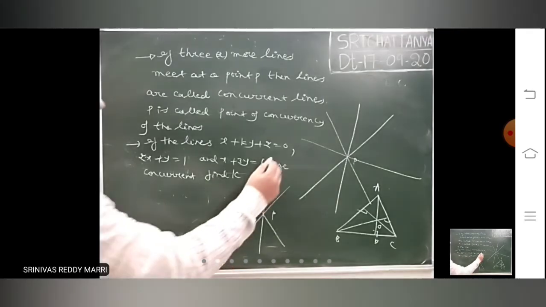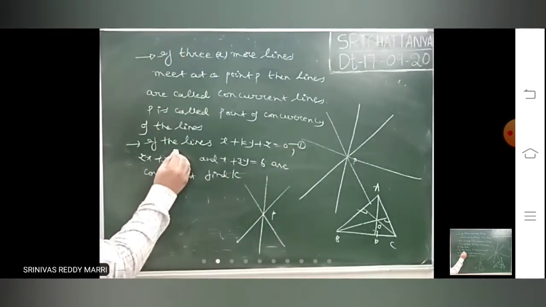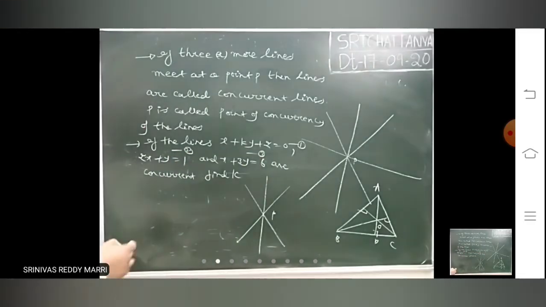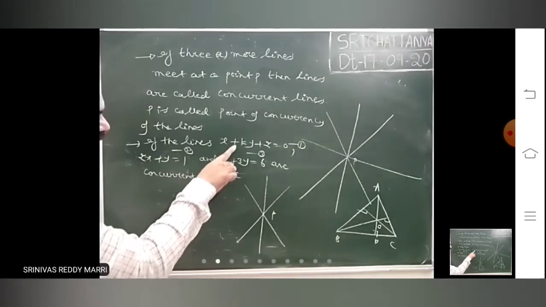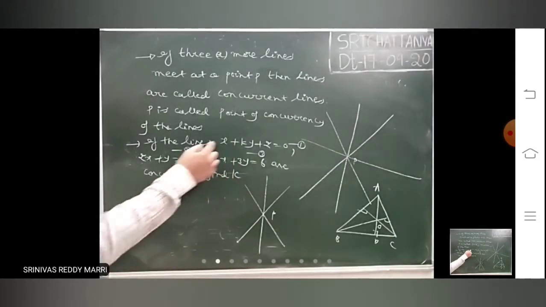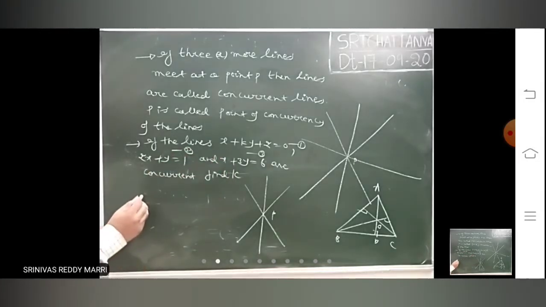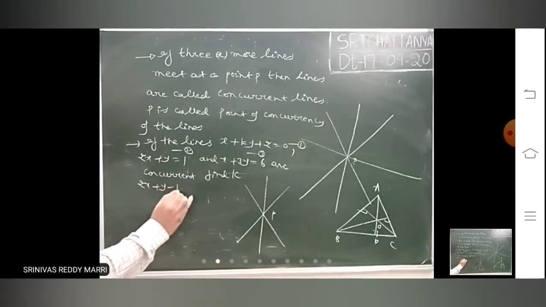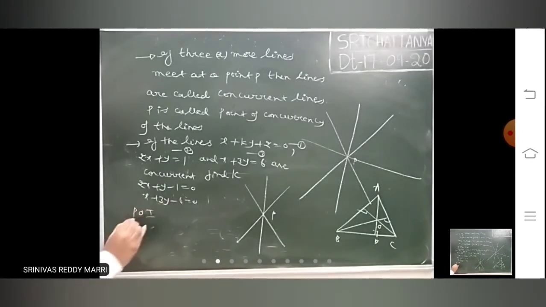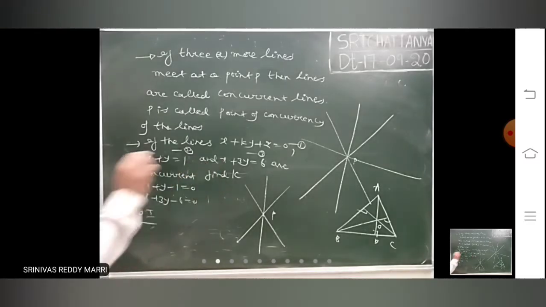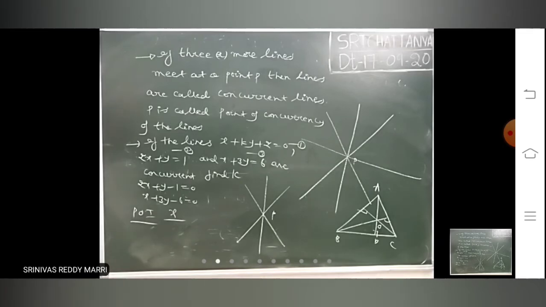Solve two lines and find their point of intersection, and it will lie on the third line. I'm taking 2 and 3 and finding the point of intersection. Point of intersection: x divided by -6 plus 3, -3 y divided by minus 1 plus 12.